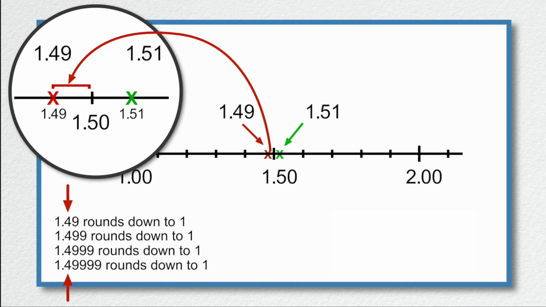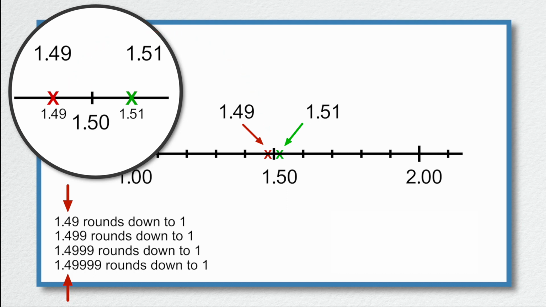And so we can have 1.499999 and the 9s can continue forever, and it will still always be less than 1.5. And so the tenths column is determining whether we round down or round up. And in this case, because it's 4, it means it's less than halfway, so we round down.